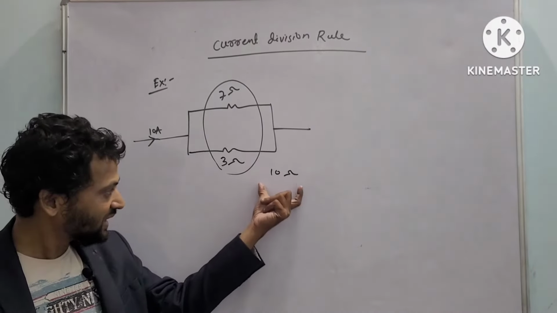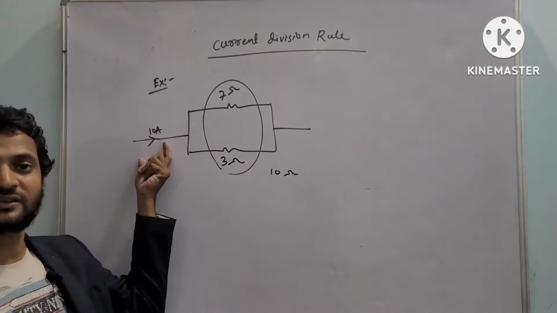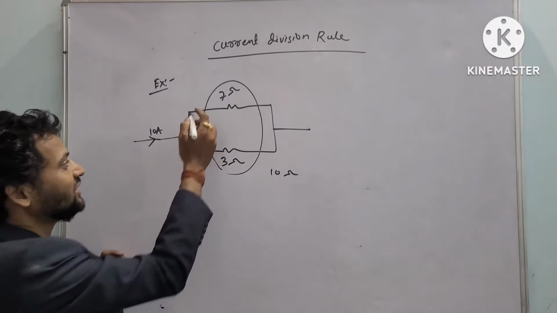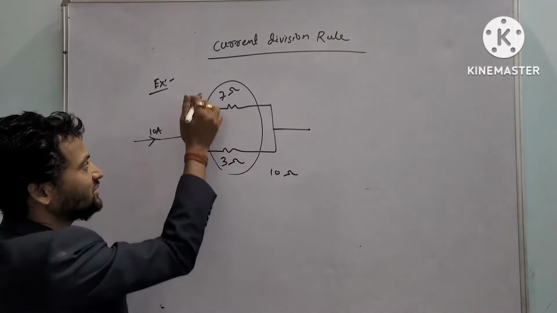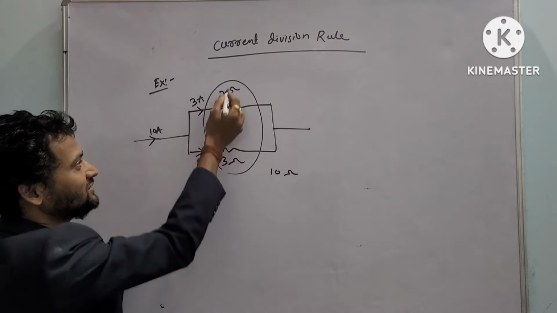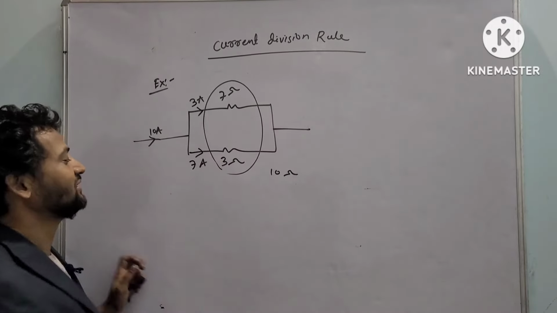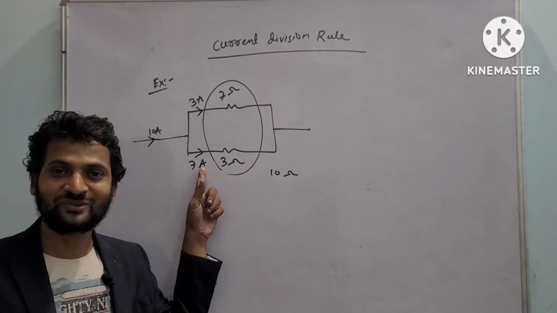So if this magnitude is equivalent to the supply current magnitude, then the currents get reversed. So the value here will be 3 ampere, and the value here will be 7 ampere.